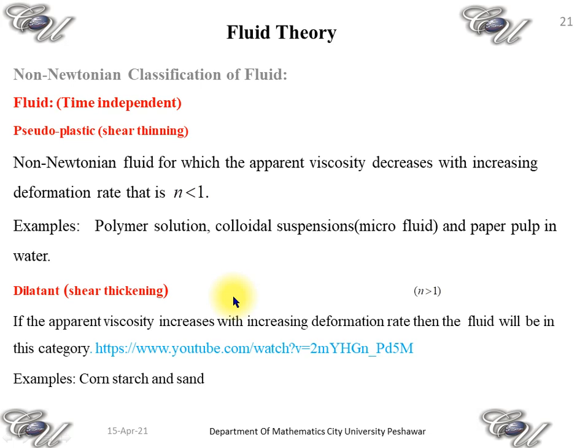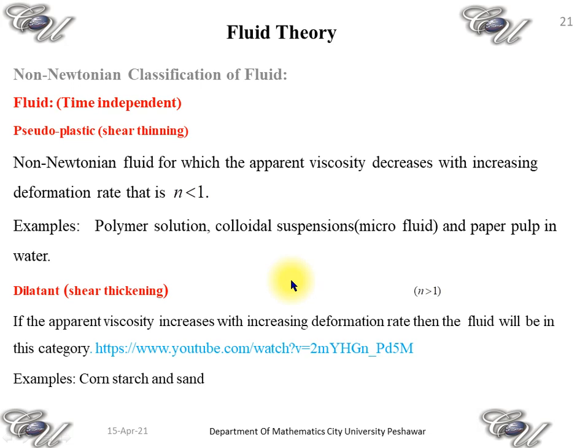Normally, when you hit the fluid with a hammer, while you are hitting, after some time you will see that it becomes more thick. Maybe after some time, it behaves like a solid, so it becomes thicker.